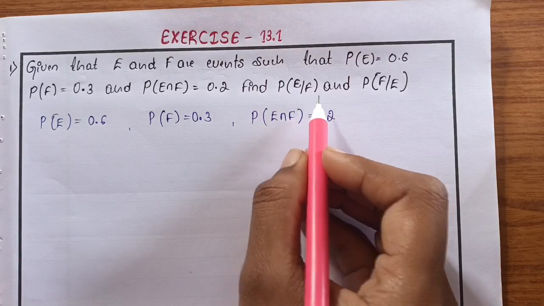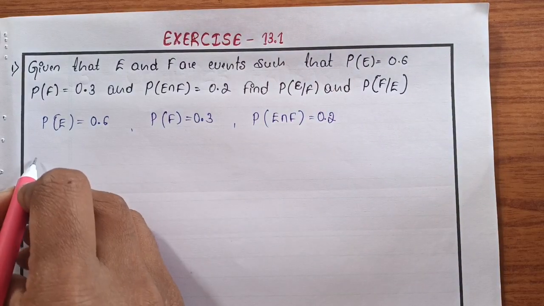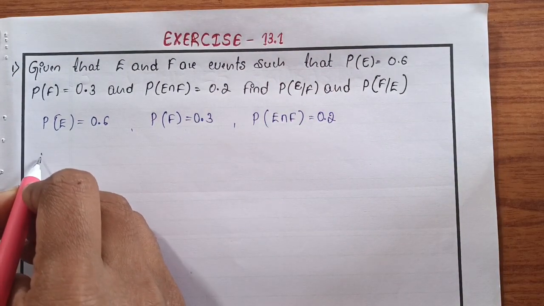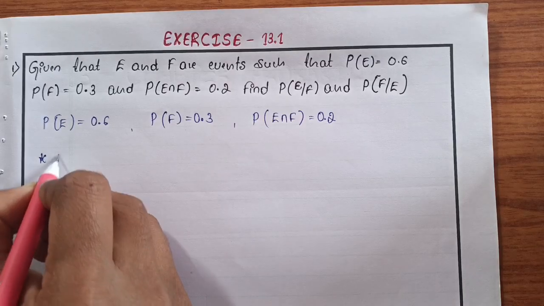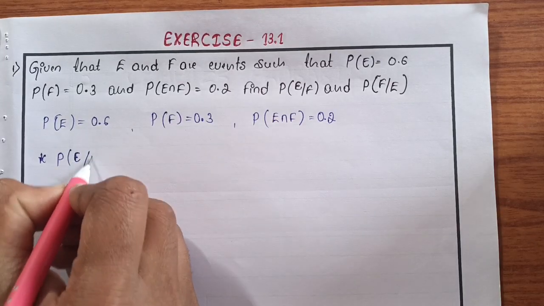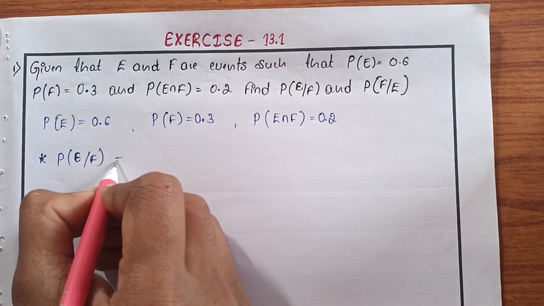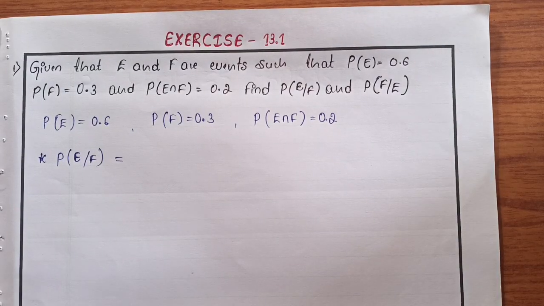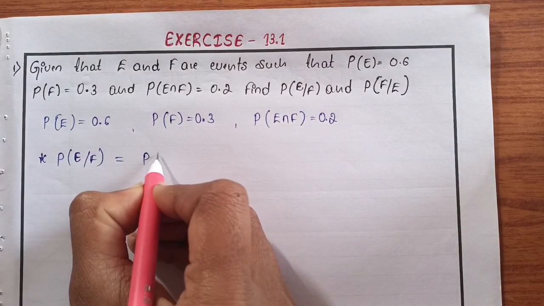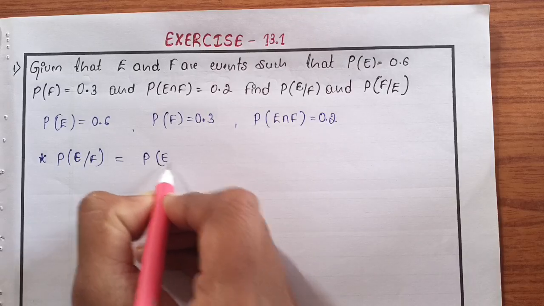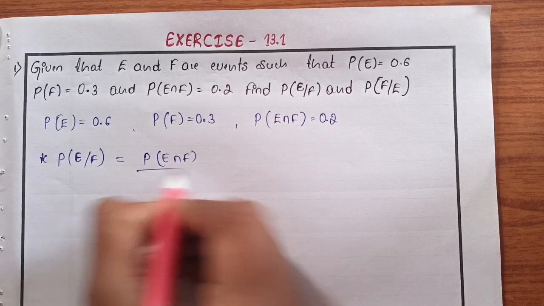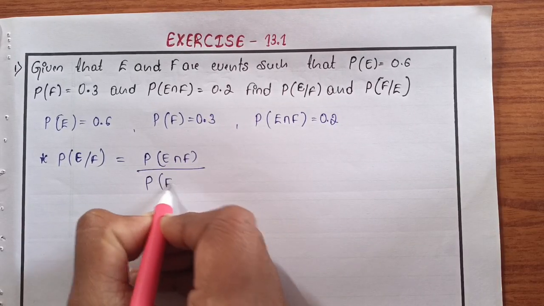Probability of event E by F. First we take probability of E by F. What is the formula? Probability of event E by F equal to probability of E intersection F divided by probability of F.